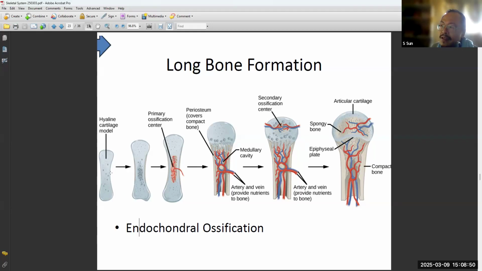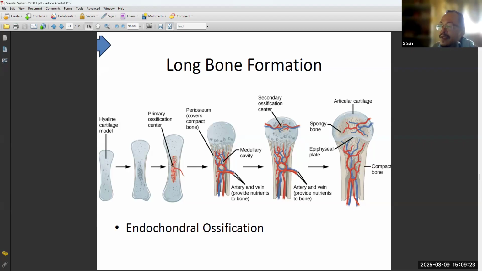When this cartilage is ready to become bone, it will start to form the ossification center. Here we have the primary ossification center in the central part of this long bone. With this one, you will have blood coming in. Usually cartilage doesn't have blood circulation, but here it starts to have blood coming in. When blood comes in, you bring in osteocytes and osteoblasts, the bone cells.